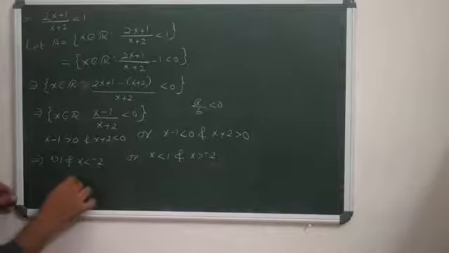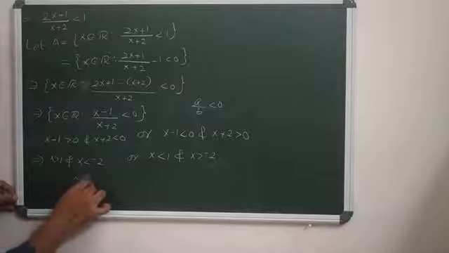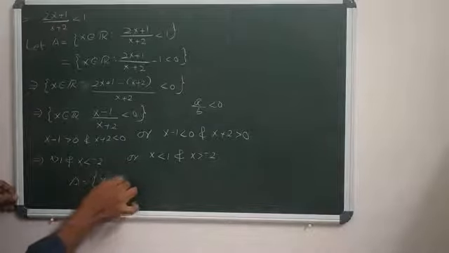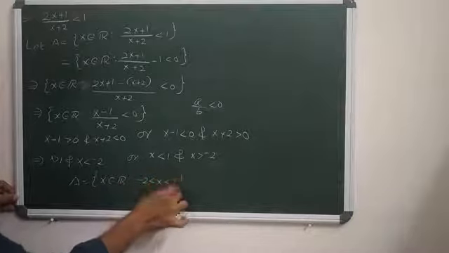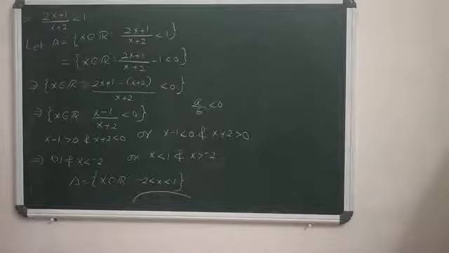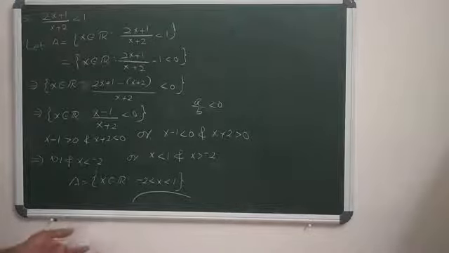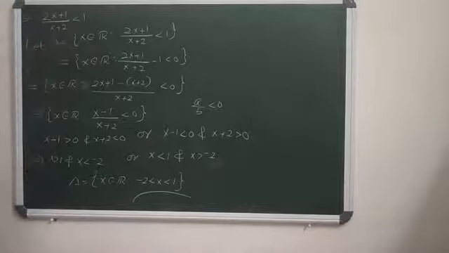So combining, it is nothing but A equals the set of all x in R such that minus 2 less than x less than 1. So this is the set of all reals which satisfies this condition. Clear? Okay.